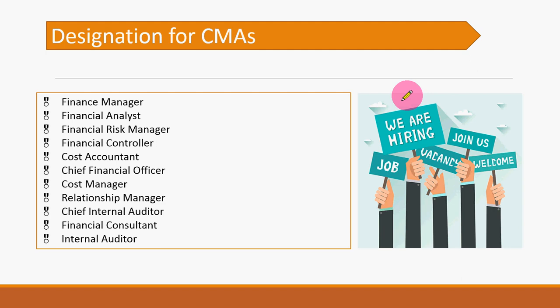A very important point here is that the designation doesn't matter for a CMA, is what I believe. Once you gain knowledge and expertise in whichever field you're interested in, you might be interested in taxation, auditing, risk management or whatever it is, you just pick one and gain expertise in that, and the designation doesn't matter for you. Your knowledge is what should talk when it comes to your performance.